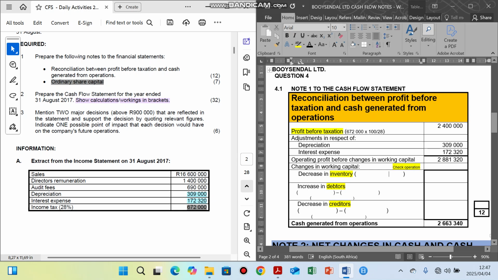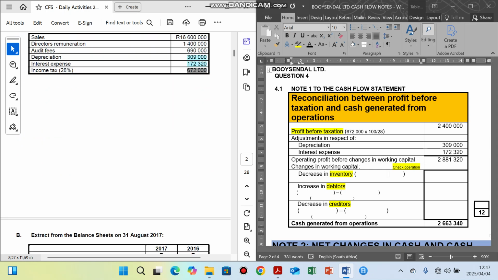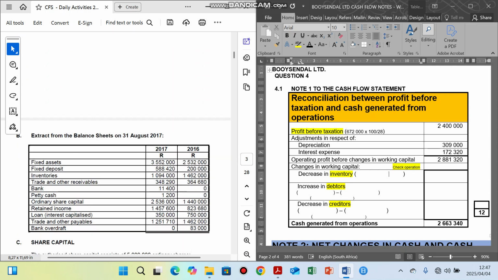We've got inventory there. Let's check what happened to inventory. We get it in the statement of financial position. The advice there is always to say the previous minus the current one, so we're going to be taking 1,462,000 minus 1,094,000. That's what you are getting there.